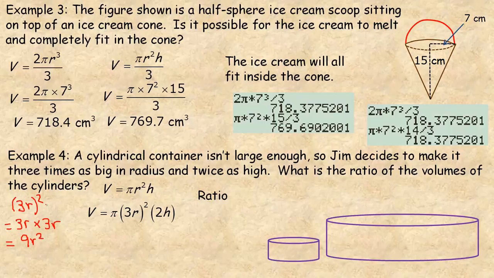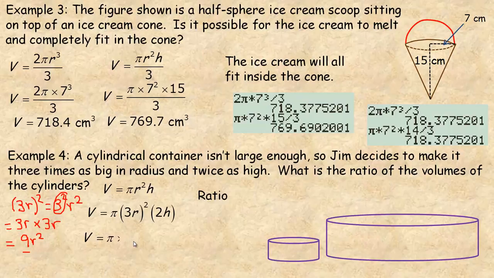Or you can also write this as everything in the brackets is squared. So you see the 3 gets squared, and so does the r. And of course, there's my 9 right there. Either way you look at it, it's going to be 9r squared.